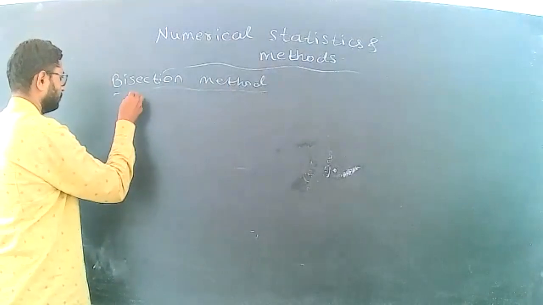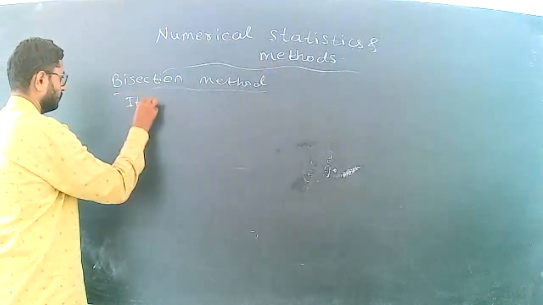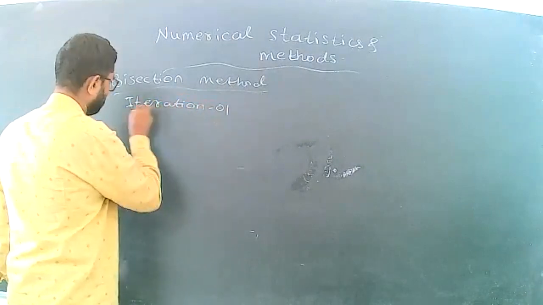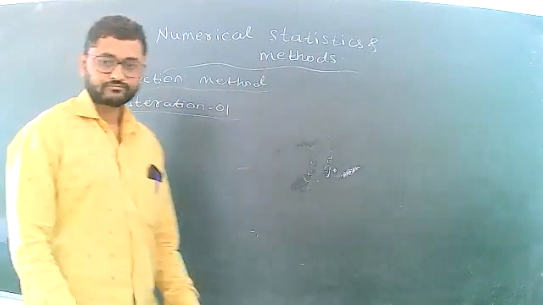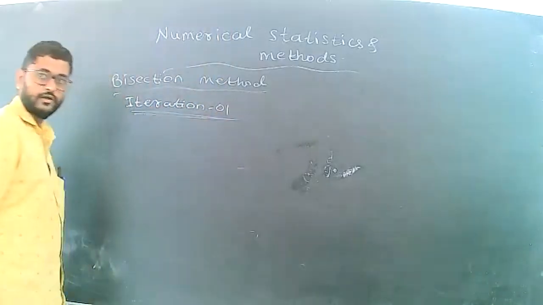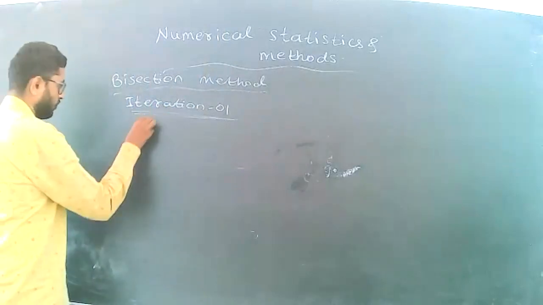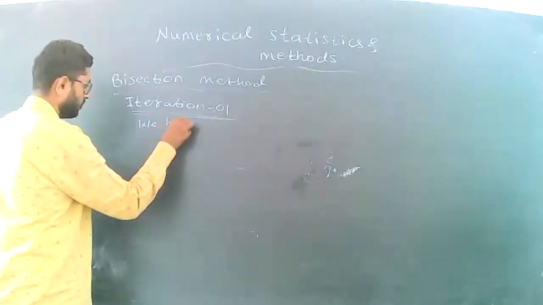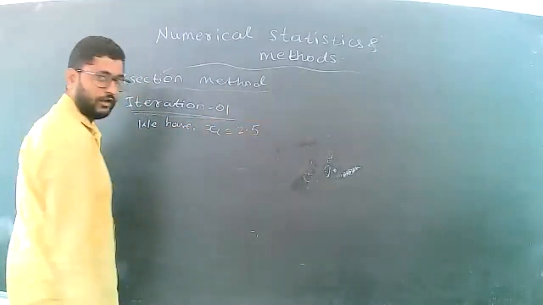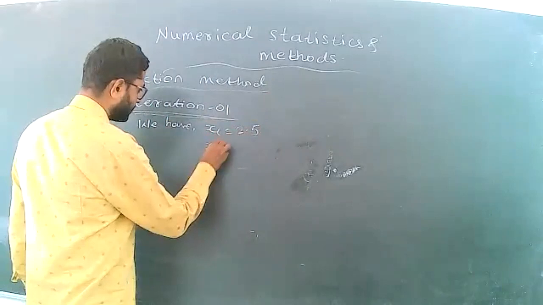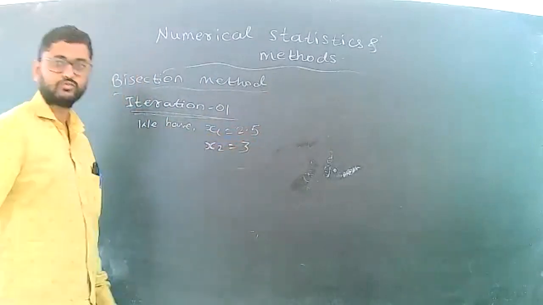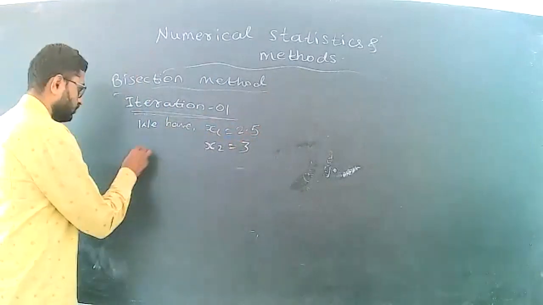Again, for iteration 1, we have x1 equal to 2.5 and x2 equal to 3.